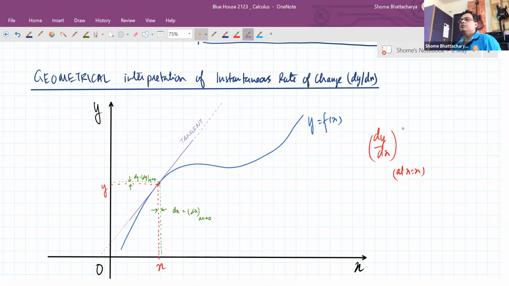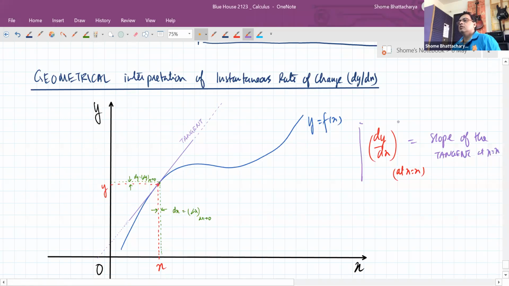So the interpretation of dy by dx now becomes: it is the slope of the tangent at x equal to x. So instantaneous rate of change equals slope of tangent.